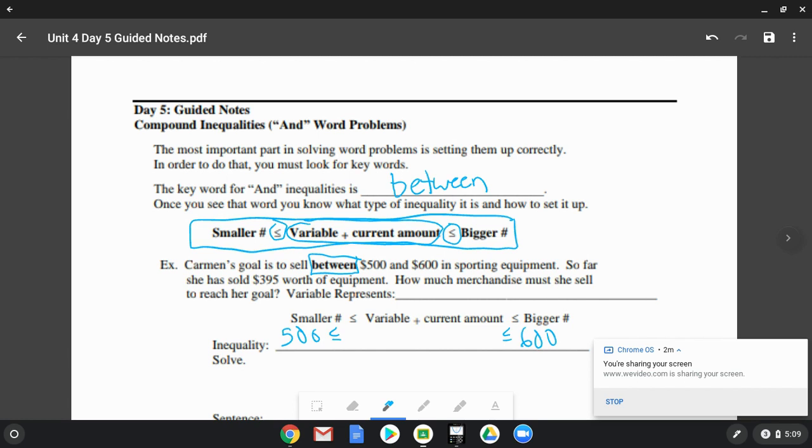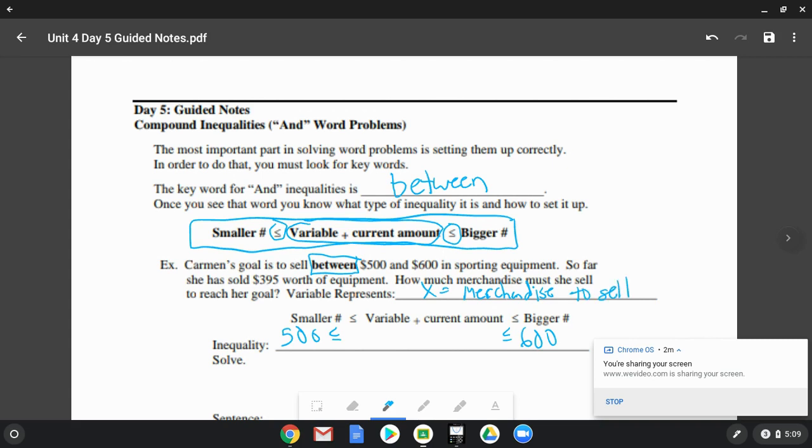So that last sentence, how much of something, whatever they're asking for is always our variable. So our variable we'll label as x almost every time. And x will equal what? Well, it will equal what they're asking for. It says how much merchandise. So x will be my merchandise, and that's stuff to sell, essentially. So we can even say merchandise to sell.